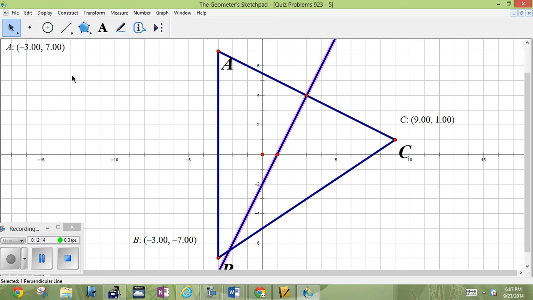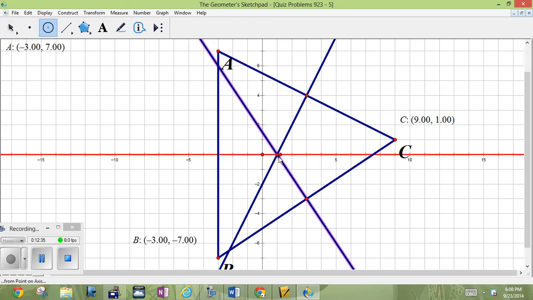Then I found the midpoint here, and constructed the perpendicular line there, and then I found their point of intersection, which appears to be right here.